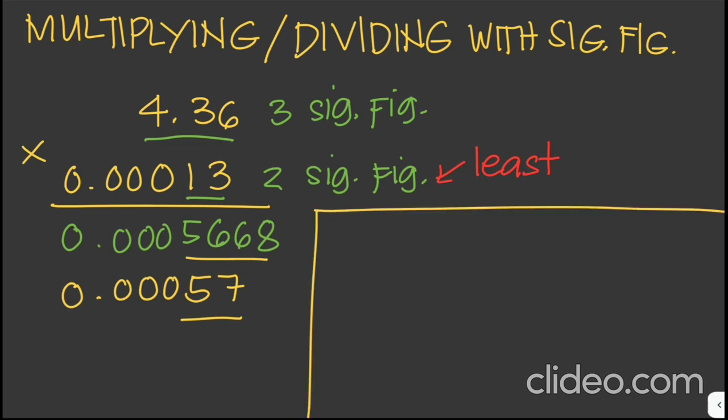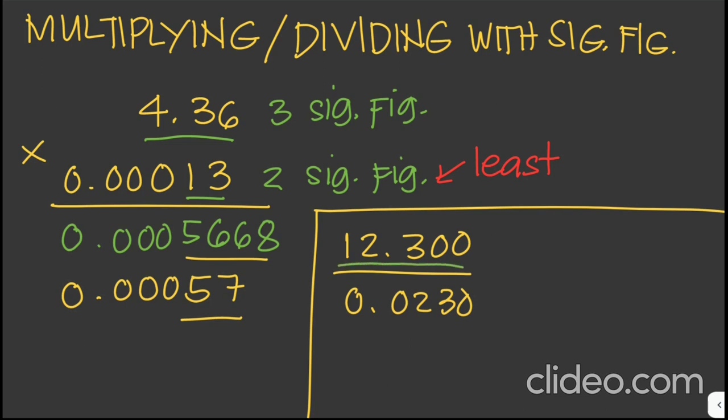Okay, what if we're going to divide these two numbers here? 12.300 divided by 0.0230. So again, in multiplying and dividing numbers with significant figures, we look for the least number of significant figures. In this case, the first number has 5 significant figures, and the second one has 3 significant figures.